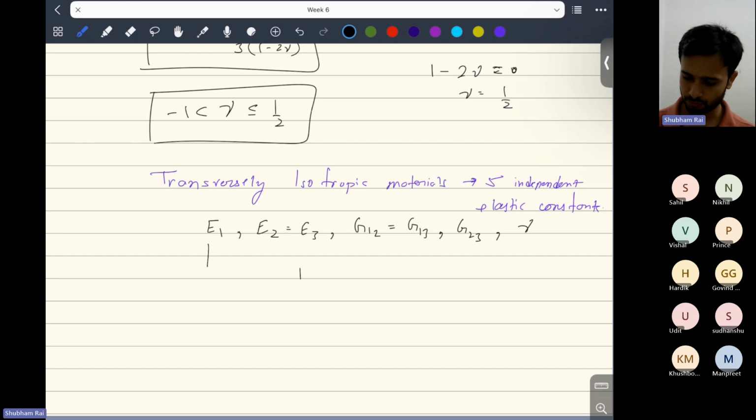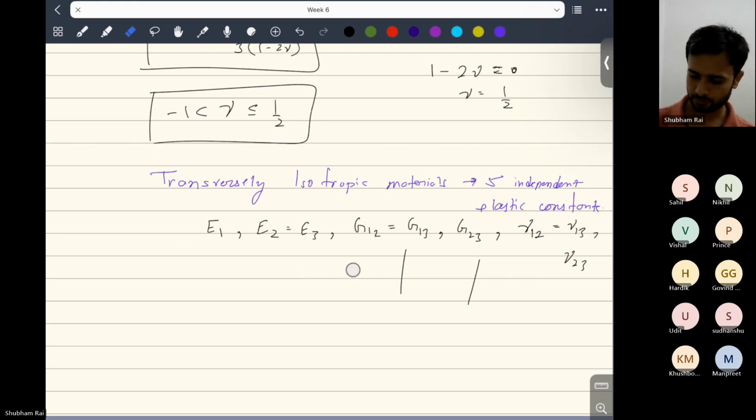This is 1, 2, 3, 4. And then you have nu12 and nu13, so those will be equal. And then you have nu23.